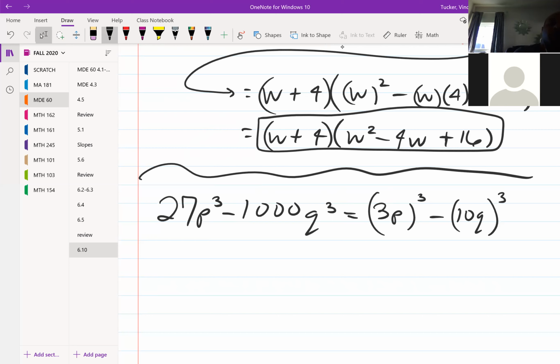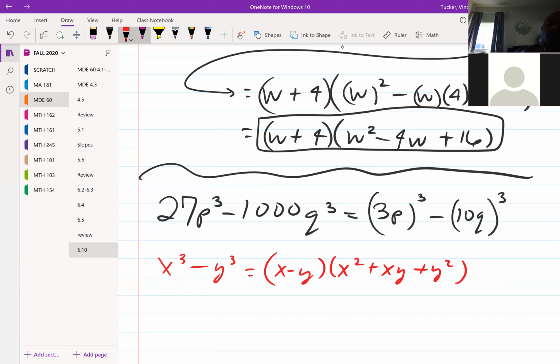All right, so looking at the formula, x cubed minus y cubed is x minus y, x squared plus xy plus y squared. So 3p goes in where you see x, 10q goes in where you see y.